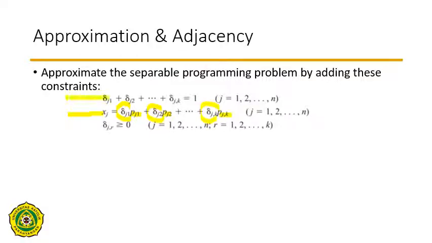Remember that the sum of all delta must equal 1, and each delta must be greater than or equal to 0. So this is how we define our decision variable as the linear combination of the grid points.